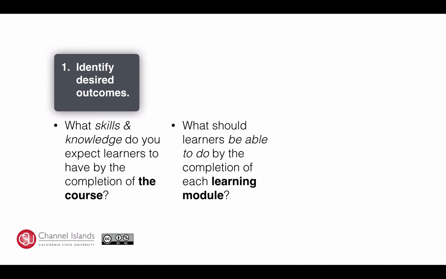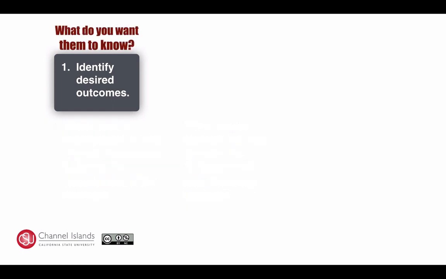Each of those modules will include clear, measurable learning objectives that communicate to students what they're expected to be able to do by the time they complete that module. The module objectives are aligned to support the overarching course skills and knowledge, or course outcomes, that you've already identified. In step 1, what you're really doing is identifying what you want your students to know.